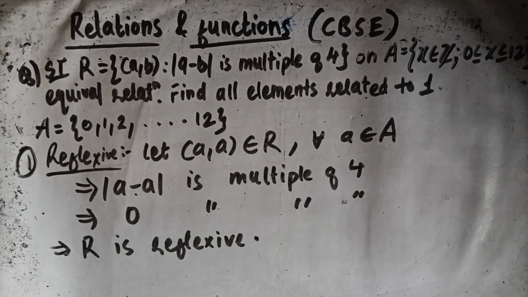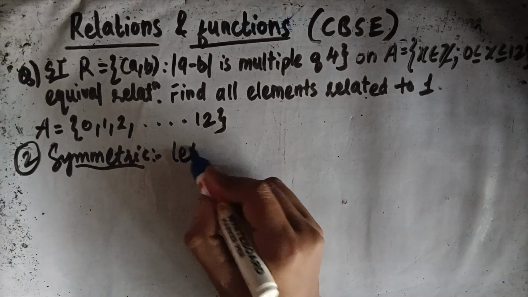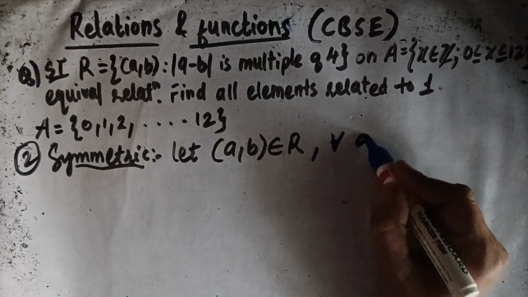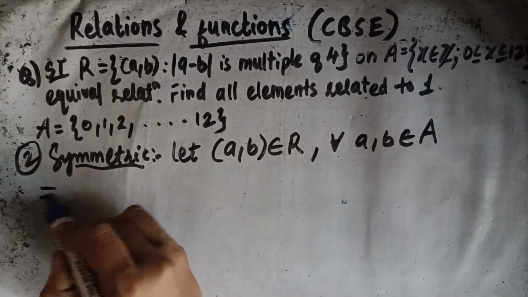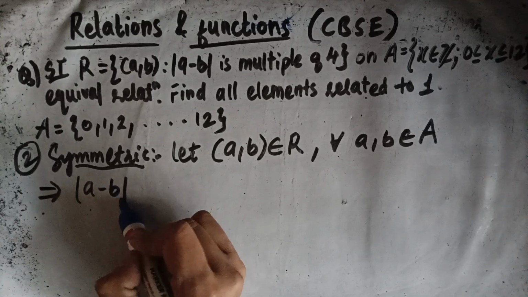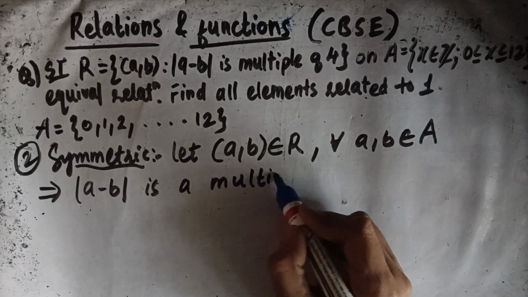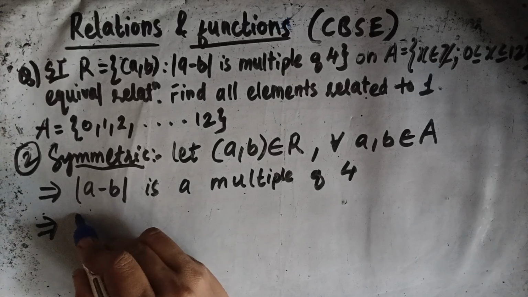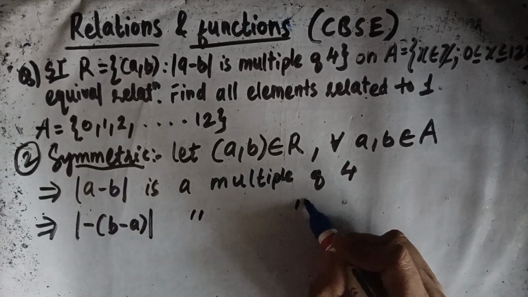Next we have to prove it for symmetric. So for symmetric, you have to take one element, say let (A, B) belonging to R for all A and B belonging to set A. According to the definition, A minus B is a multiple of 4. So we can write this as minus of (B minus A) is a multiple of 4.